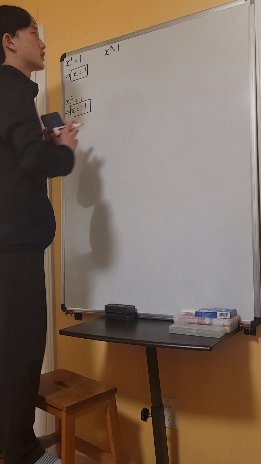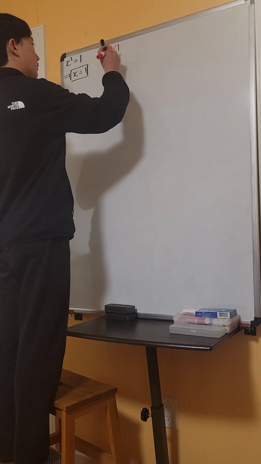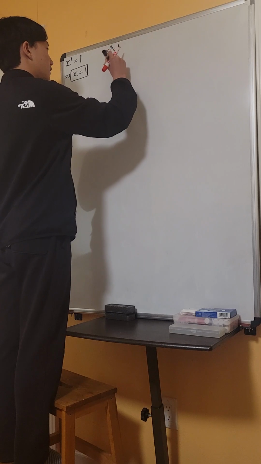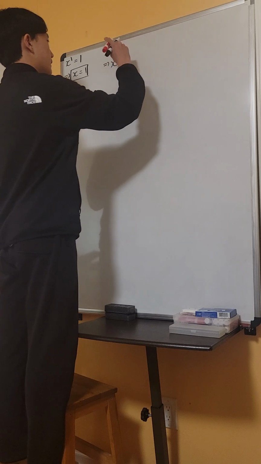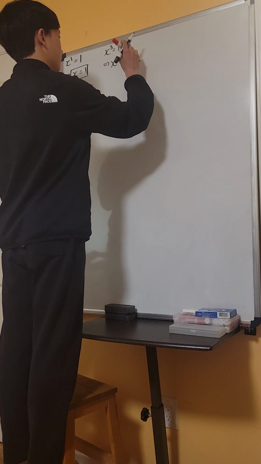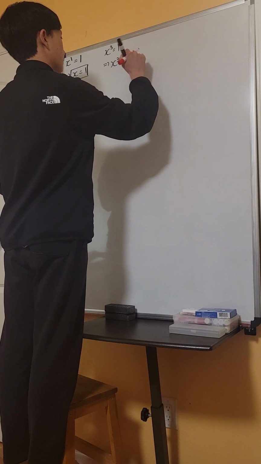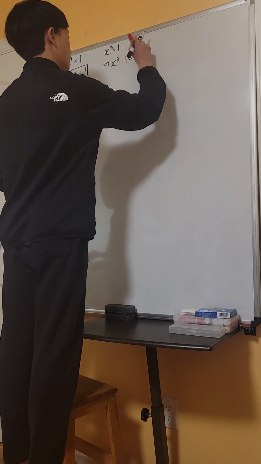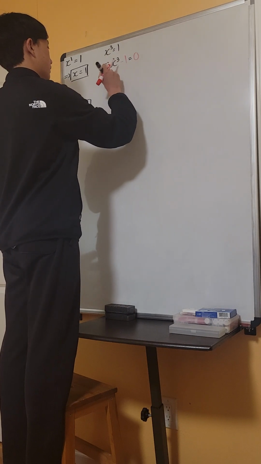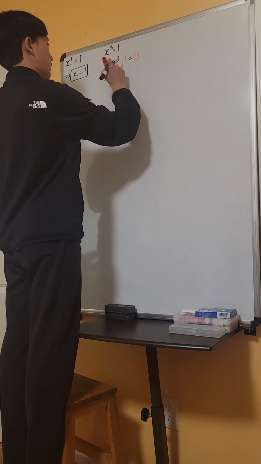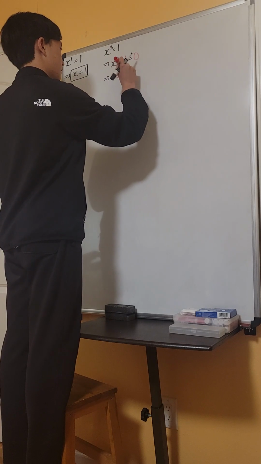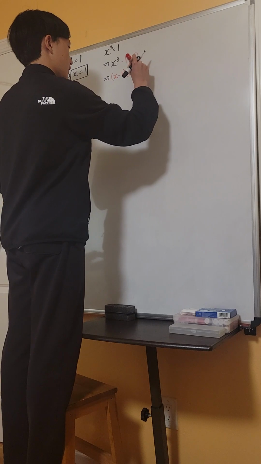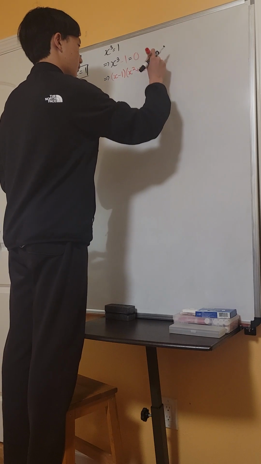So we move the 1 over and factor it, because this is a difference of cubes. Factoring x cubed minus 1, you get x minus 1 times x squared plus x plus 1.